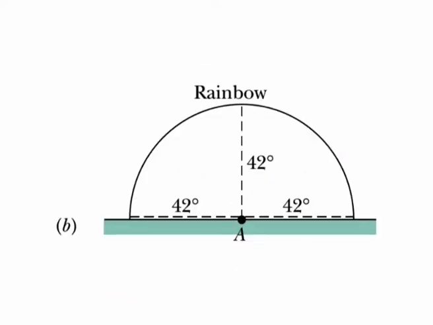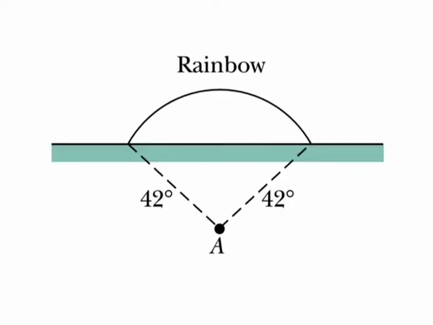Because any drop at an angle of 42 degrees in any direction from A can contribute to the rainbow, a rainbow is always a 42-degree circular arc around A, and the top of a rainbow is never more than 42 degrees above the horizon. When the sun is above the horizon, the direction of A is below the horizon, and only a shorter, lower rainbow arc is possible.